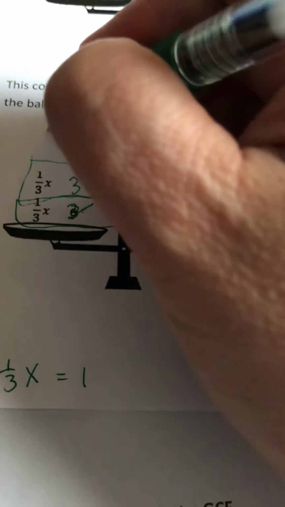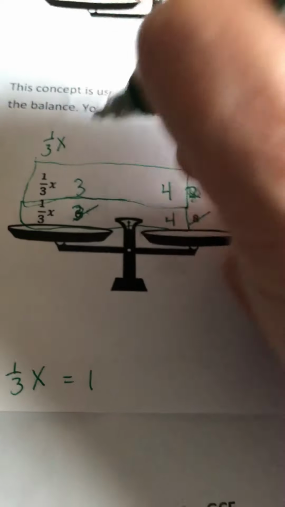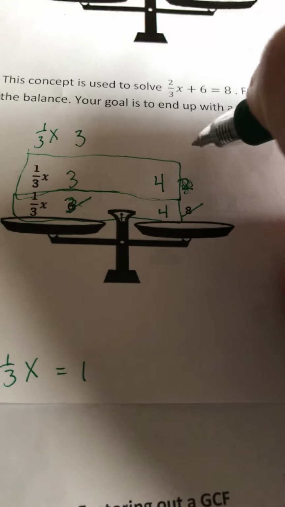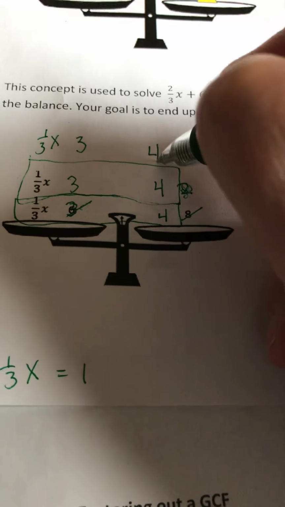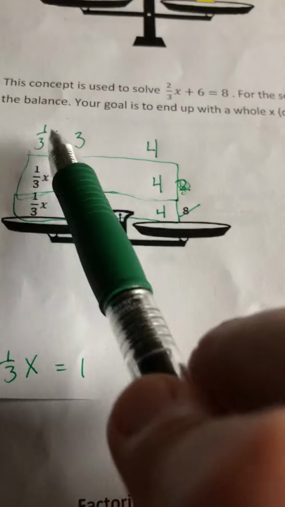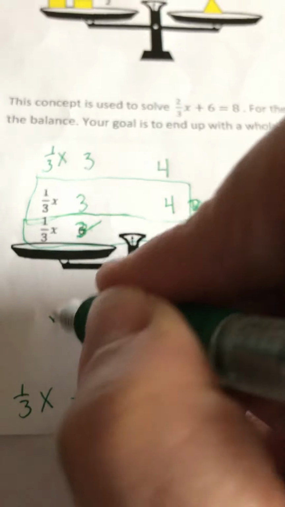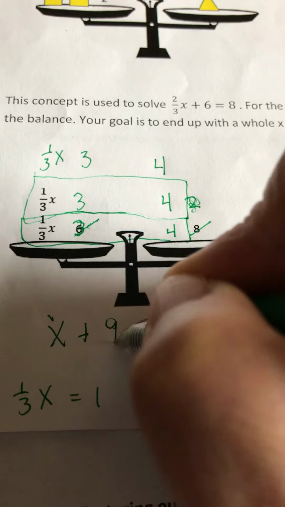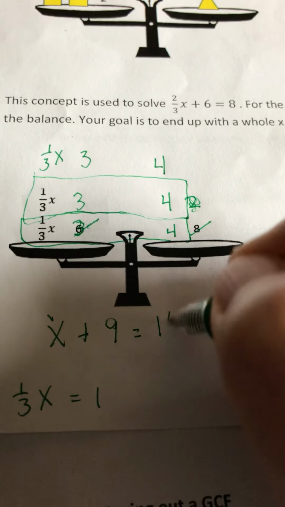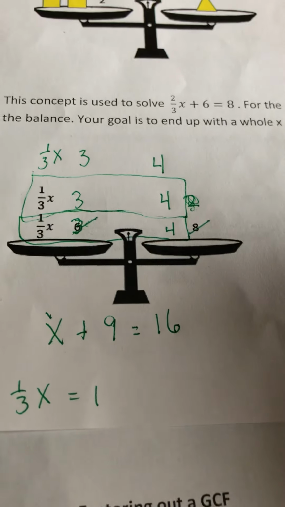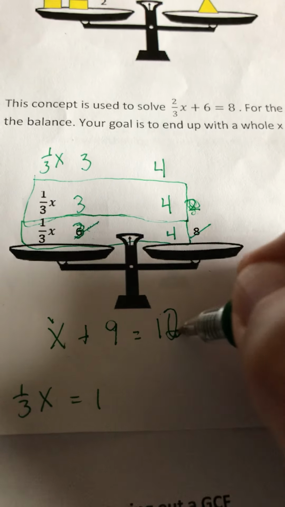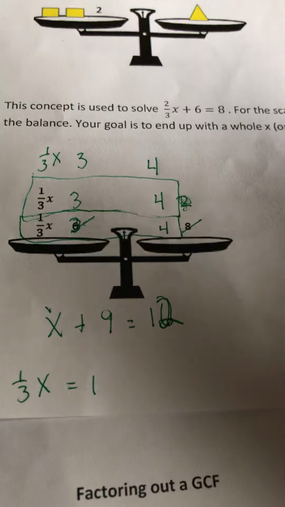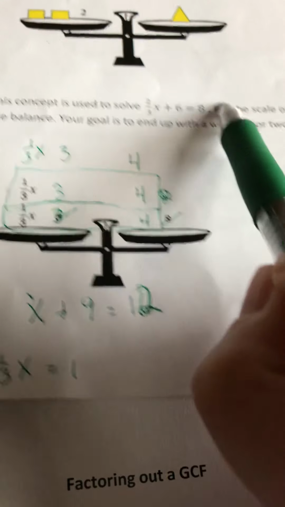So if I want a whole x, how about I add another one of these, right? And so now I've got a whole x plus 9 equals 16. Did I do something wrong? Oh, how about 12? There we go. How about 12? Okay, so I could do different things like that. But again, I've got a nice concrete representation.